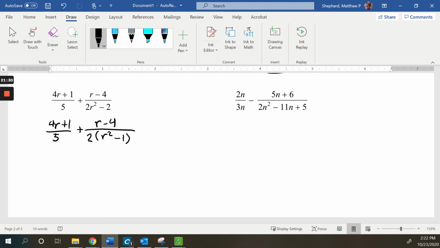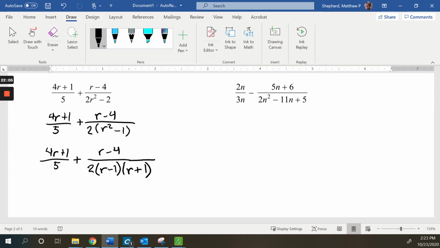And so I'm going to do this a couple different ways. So one, I will show what that factors into. Let's go ahead and get that first. So this is a difference of squares, so that's an r minus a 1 times an r plus a 1. All right.